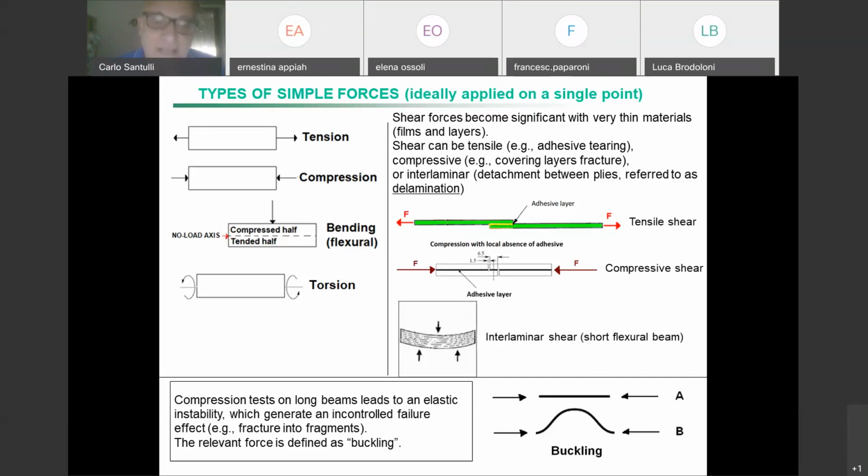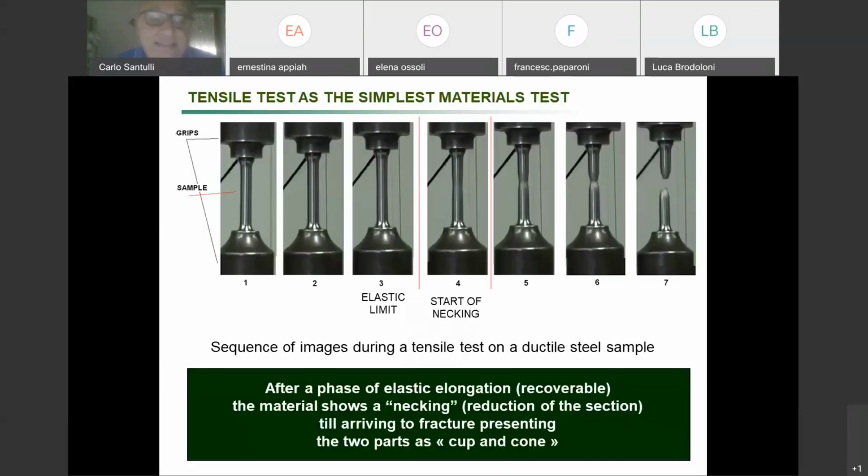Then there are some other considerations specific to bending tests, which I will cover later on. But anyway, please bear in mind that the tensile test is the simplest one to get when you want just a tensile force.